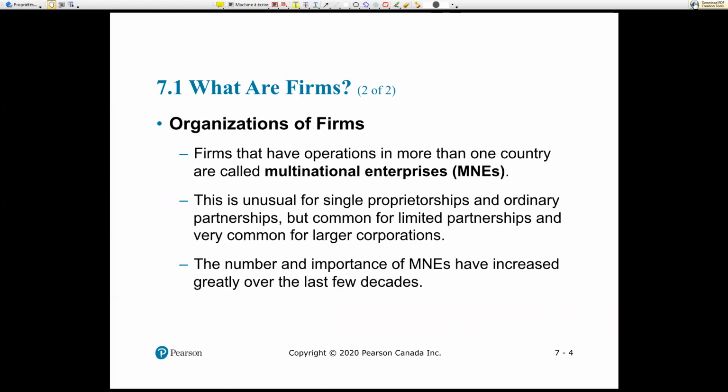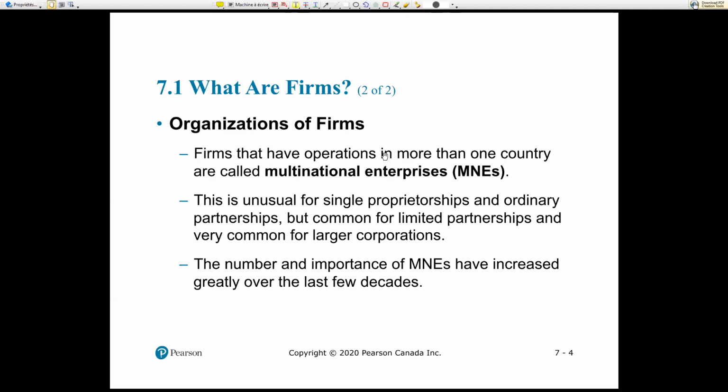So what are firms? Well, they can be local or they can be global. If they are global, we say they're multinational, and you can write them MNEs. It could be that you have some person that exports stuff to other countries, but usually it's big corporations that do that.